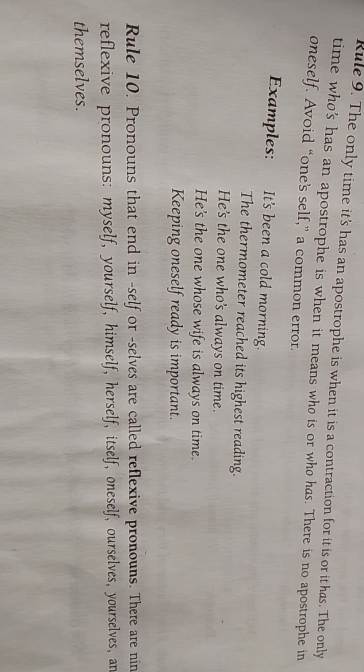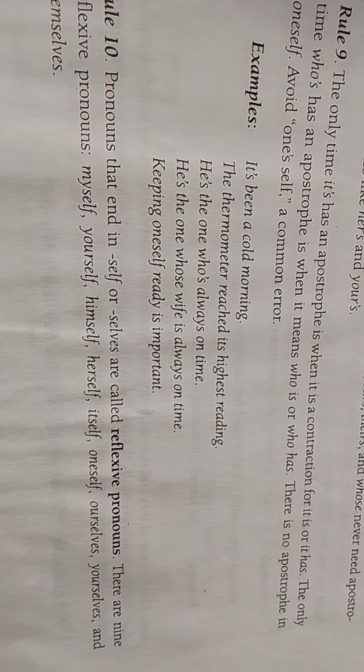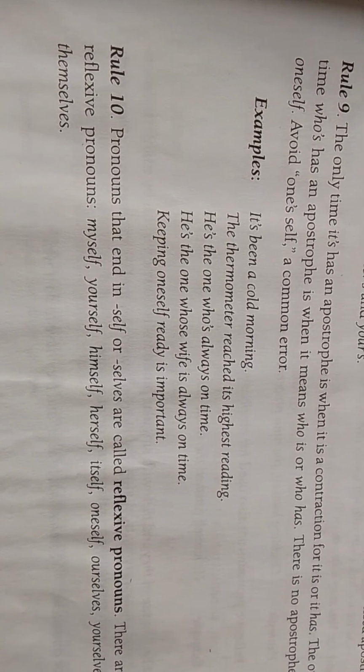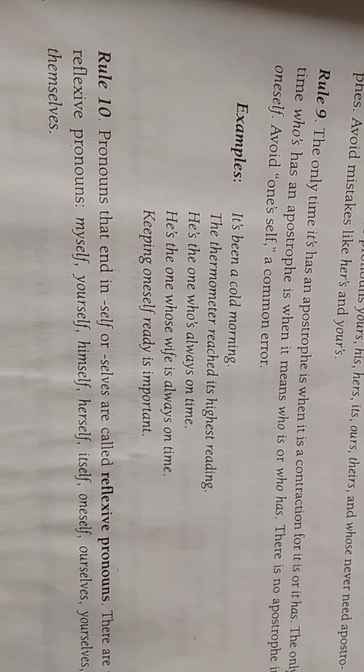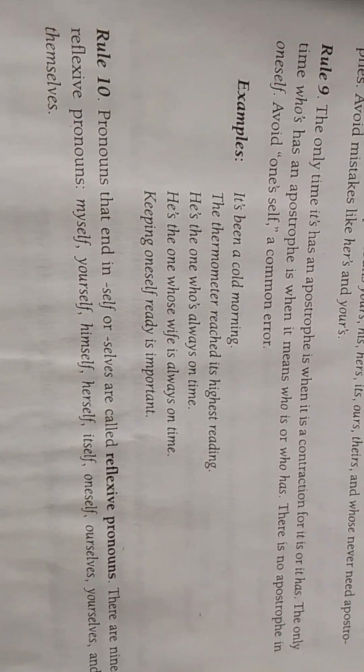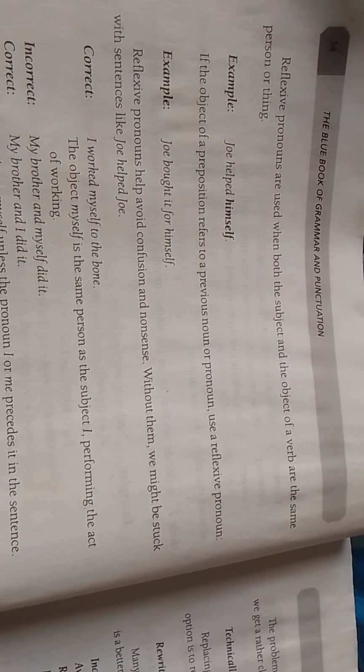Pronouns that end in "self" or "selves" are called reflexive pronouns. There are 9 reflexive pronouns: myself, yourself, himself, herself, itself, oneself, ourselves, yourselves, and themselves. Reflexive pronouns are used when both the subject and the object of a verb are the same person or thing.